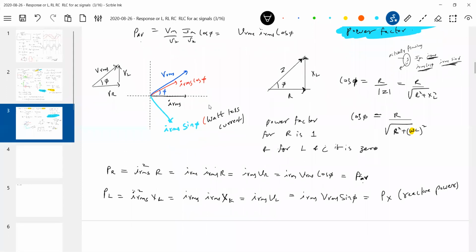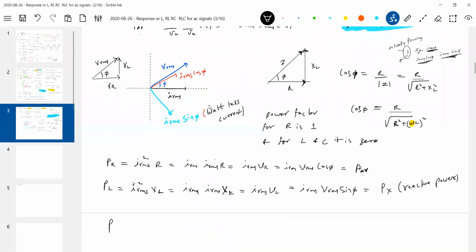Then we have one more, no? Total power dissipated in the circuit. Real power, and I'll call this apparent power. I can also write one more: just VRMS into IRMS, that's all. This also leads to power, and this is called apparent power.